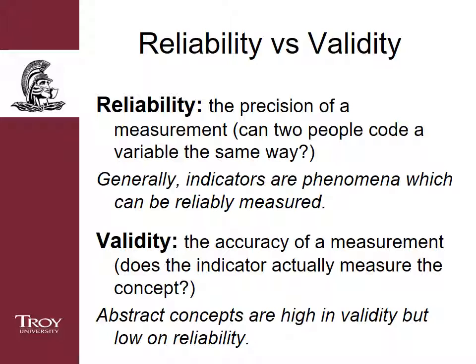So generally, when you have an abstract concept, the way I think about it is, in the abstract, it's almost completely valid, because it means what you mean. Power, balance of power, industrialization, democracy. And then as you go through the process of operationalization, you're often trying to preserve the validity of the abstract concept and yet come up with a set of indicators that can be reliably measured.